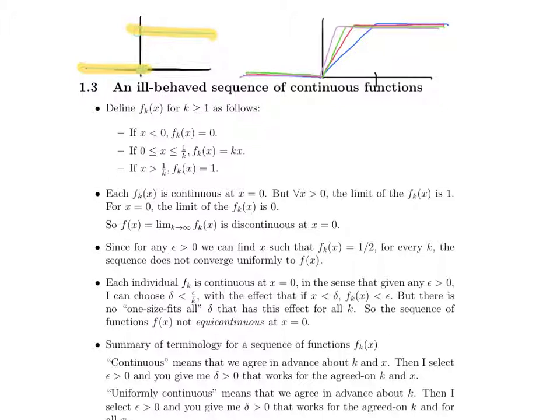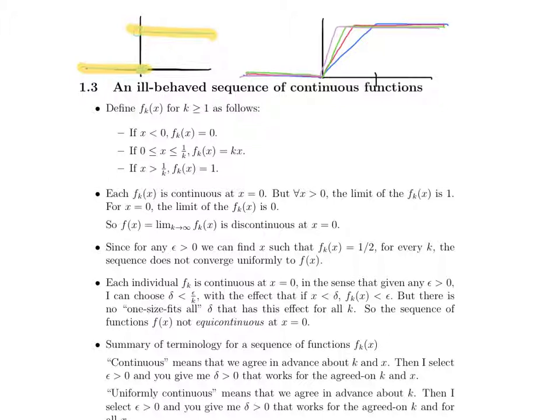The other thing that's very interesting is that for each individual function, it's continuous in the sense that we can choose an epsilon and a delta partnership that works at a particular point for that function. But there's no one-size-fits-all delta, right?